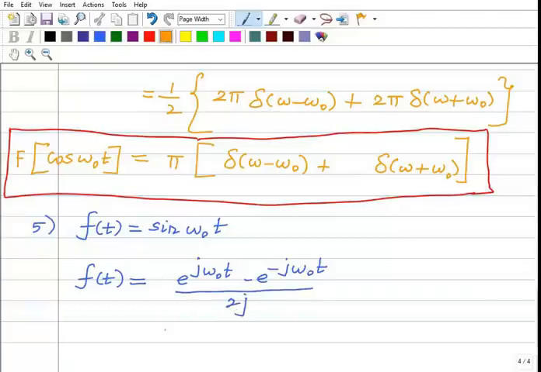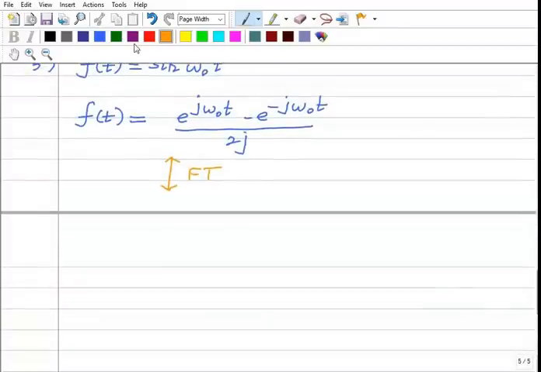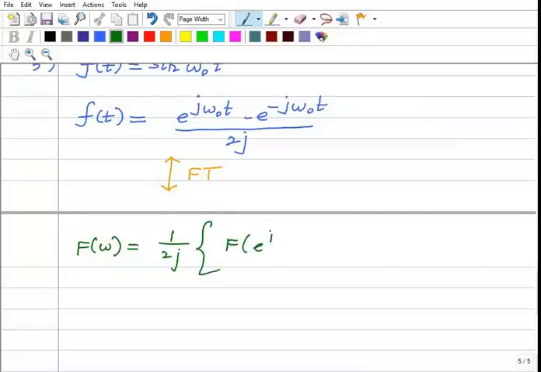So for this entire equation, you apply Fourier transform. Left hand side it is F of omega. 1 by 2j I can write common. So Fourier transform of e power j omega naught t minus Fourier transform of e power minus j omega naught t.